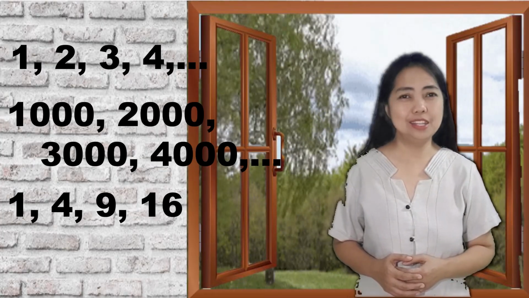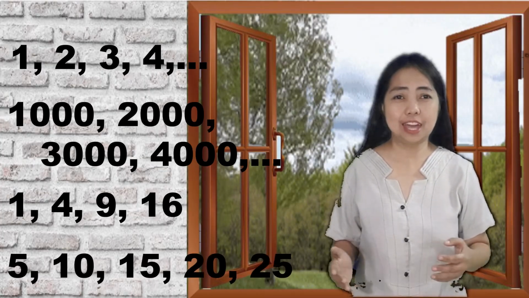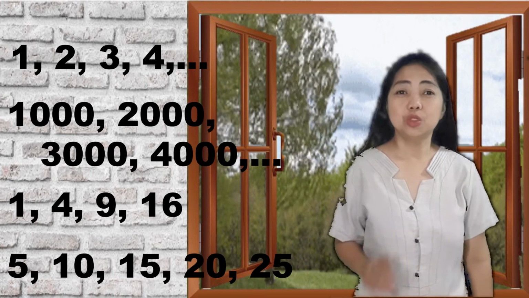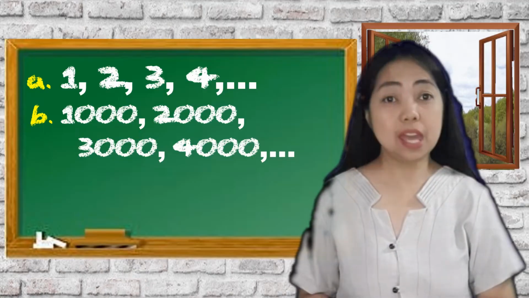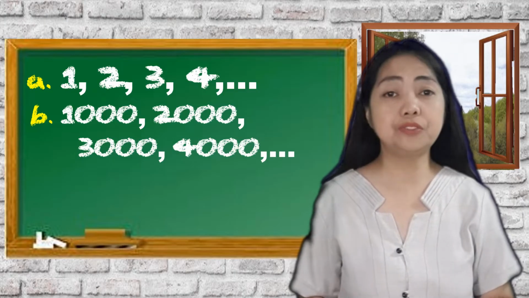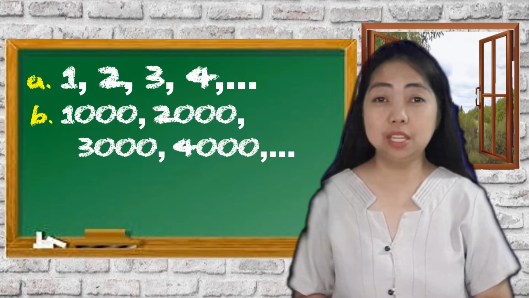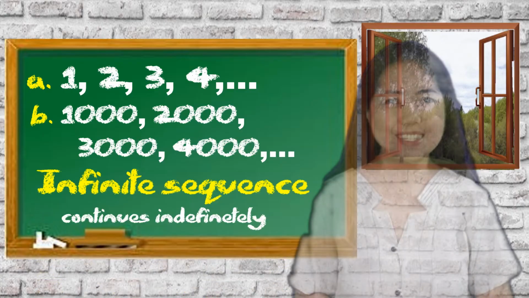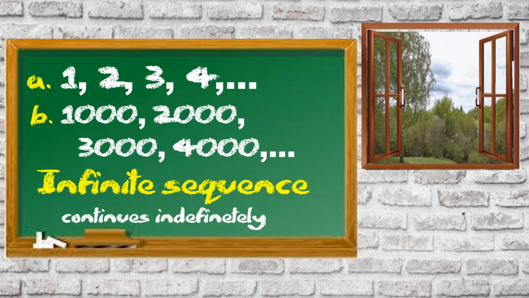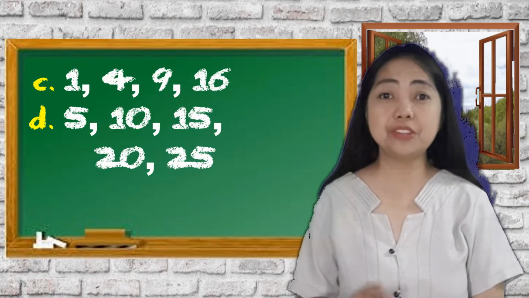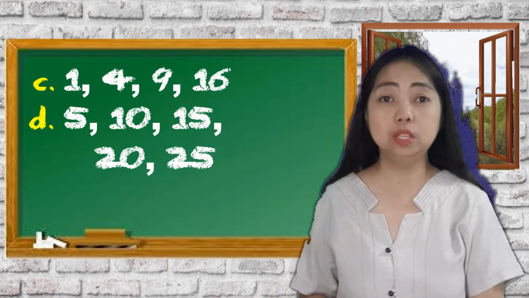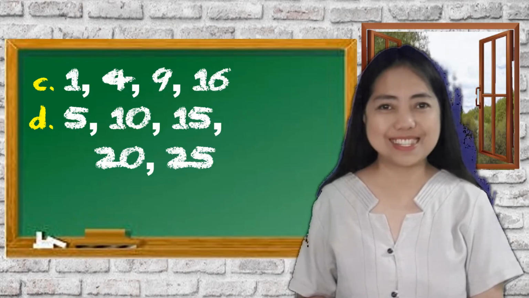Another one is 5, 10, 15, 20, and 25. The sequences in items A and B continue indefinitely, and they are called indefinite sequences. While examples C and D have definite terms, and they are called finite sequences.